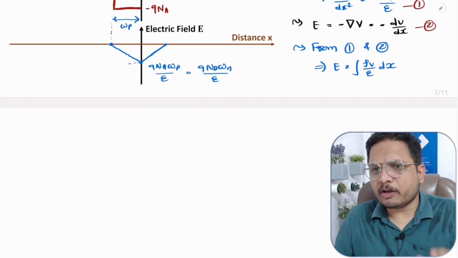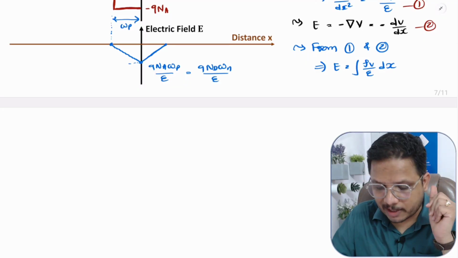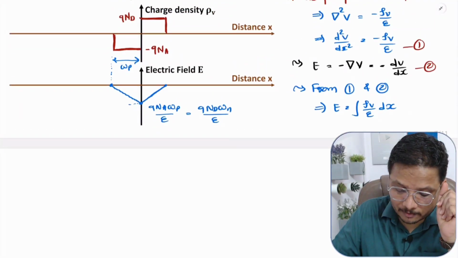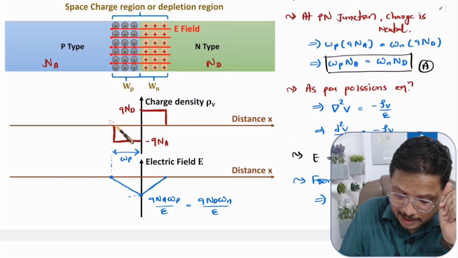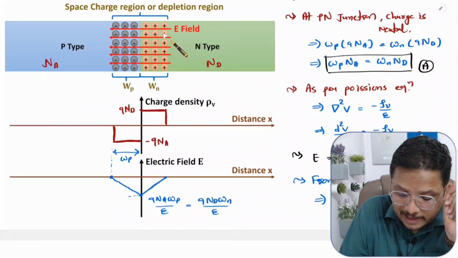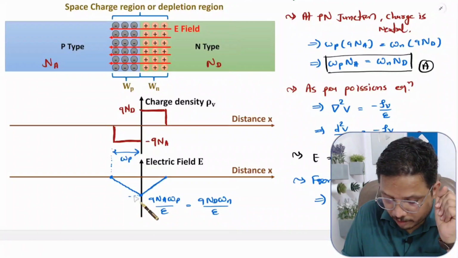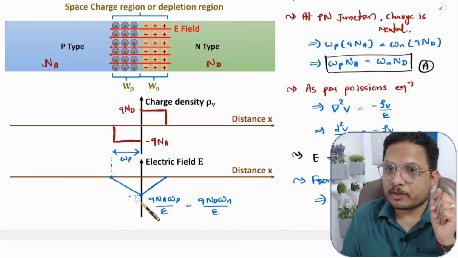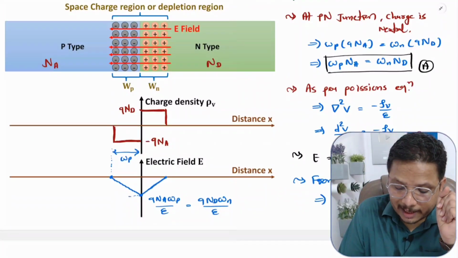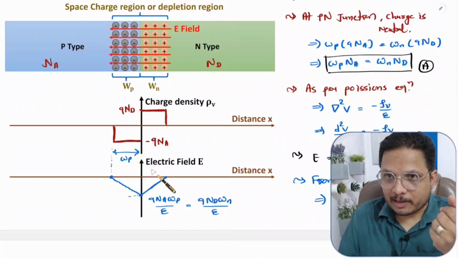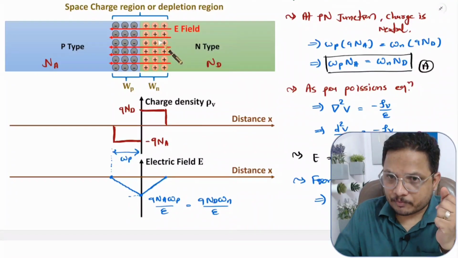So majority of the time you need to understand what is the maximum value. And see, this is coming negative. Why? The reason is we are considering this direction as positive and electric field is happening in this direction. That's why we are saying this value is negative as per graph, right? If you consider n type over this side, p type over this side, then it will be positive as per the direction, right?